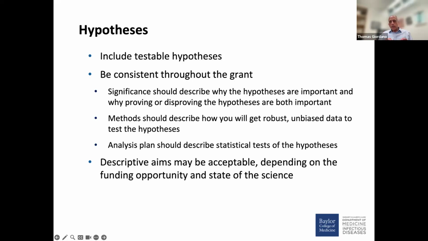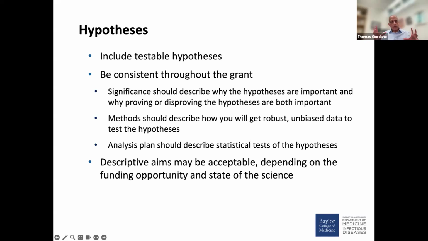And then it's really important to be consistent throughout the grant. The significance needs to describe why the hypotheses are important, why proving or disproving the hypotheses are both important and will advance the field. Learning that something is not what you thought it was could be just as important as learning that your hypothesis is supported.